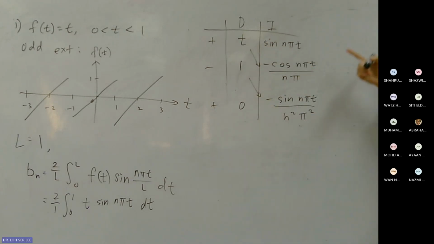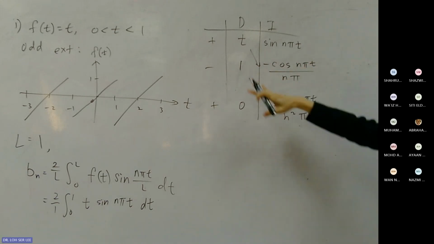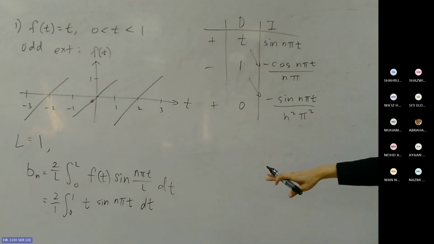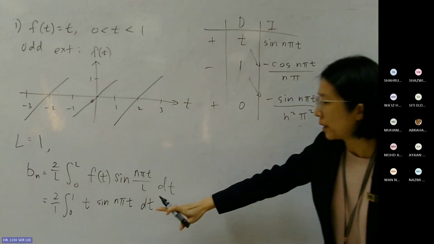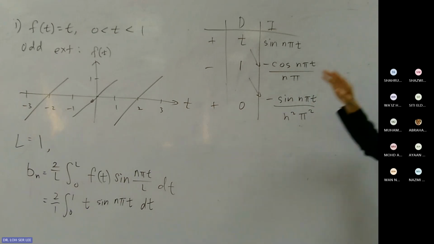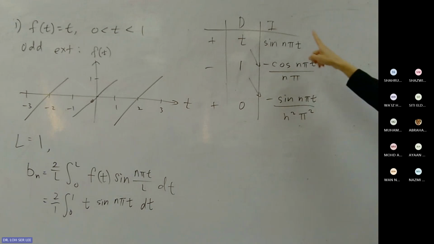So even though maybe you commit some careless mistakes during the integration or here in the tabular method, you will still get the marks for managing to come up with this line. You have the working, you have the marks, and then you come up with the correct answer from this one, you get the marks for the working.